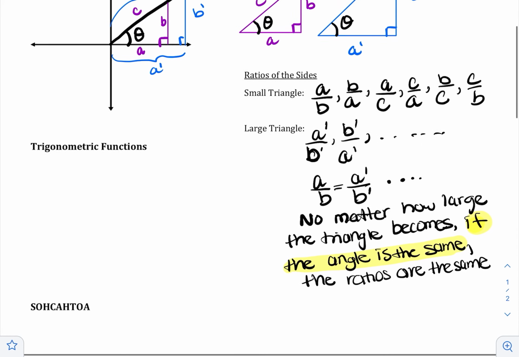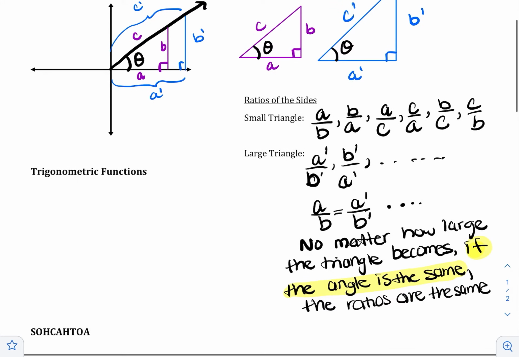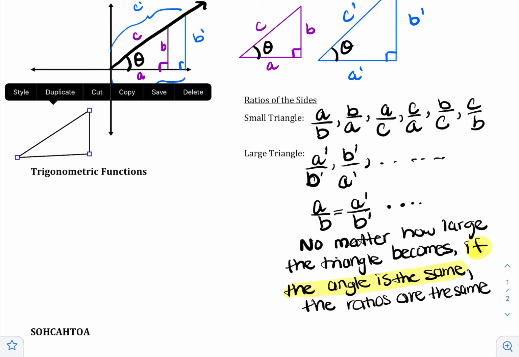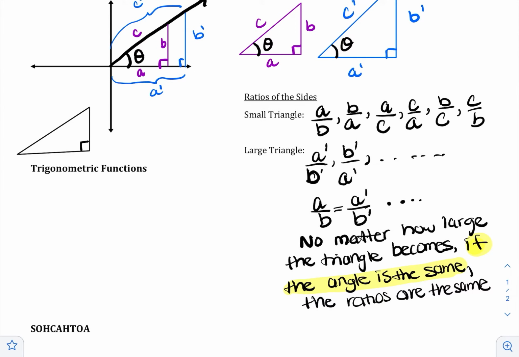So what we do is we actually create a name for each of these ratios in the triangle. So I'm going to draw the triangle one more time right up here. Let's draw a nice little triangle. Perfect. And so I'm going to put my angle here.